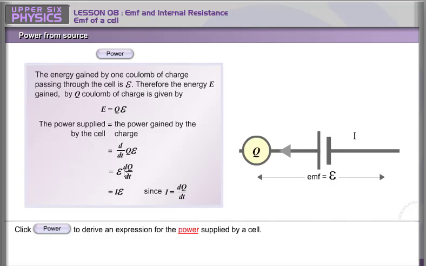The one that is changing is dQ over dt. So power P here is equivalent to I epsilon. This is the power supplied by the cell. I epsilon. You see the difference here? This is power from a source.